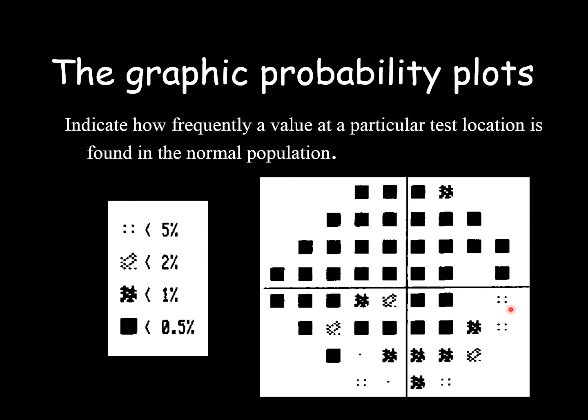This value is low, but it can occur in 5% of the normal population. So in other words, we can say that almost all of these points, except these two, look to be depressed. But we can be wrong in our assumption by the probability of 0.5% or 1% or 2% or 5%. These values can occur in the normal population.